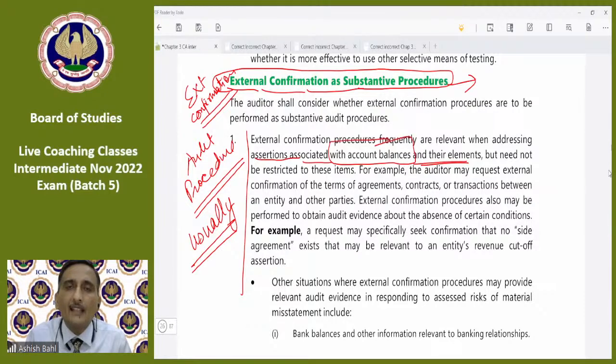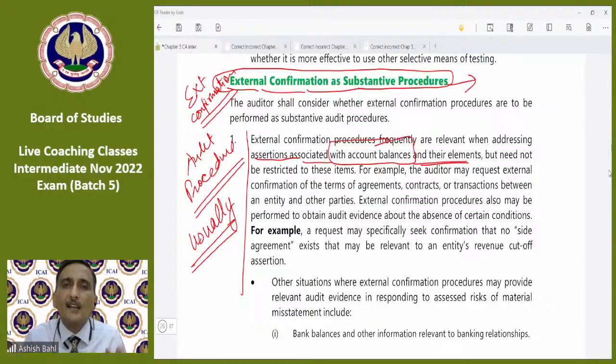He has a doubt that there might be a change, so he may directly confirm from that party whether there is some supplementary agreement which shows change in terms and conditions.